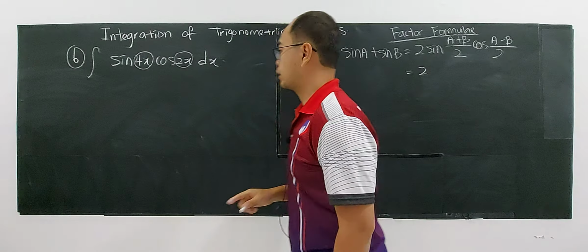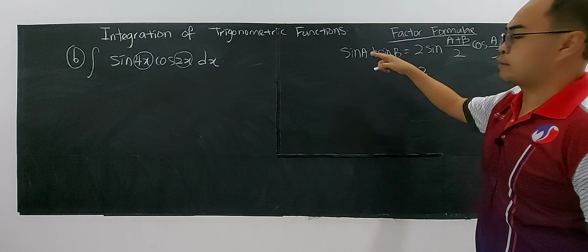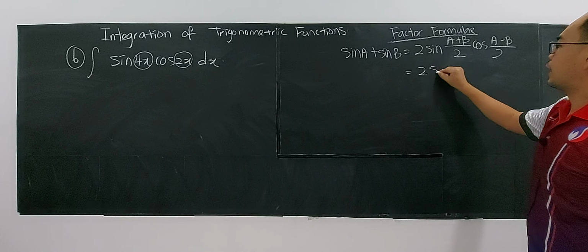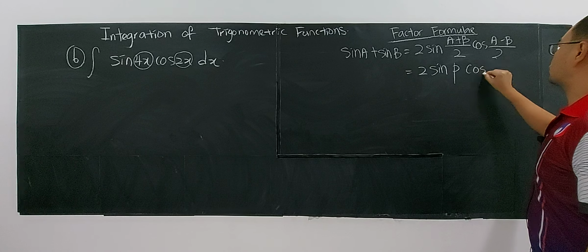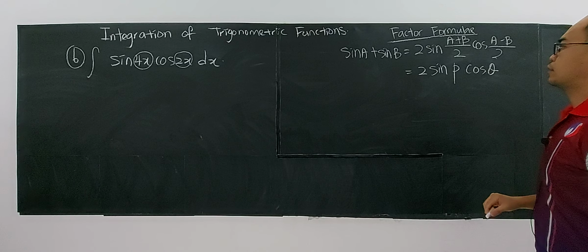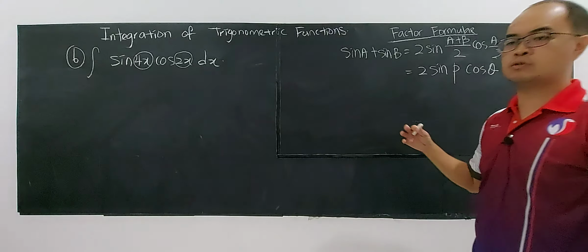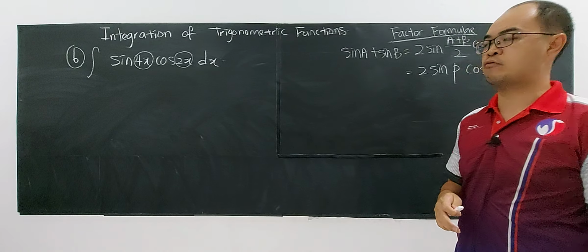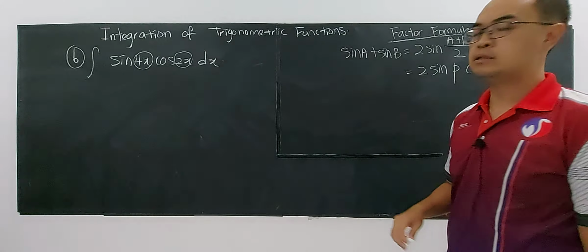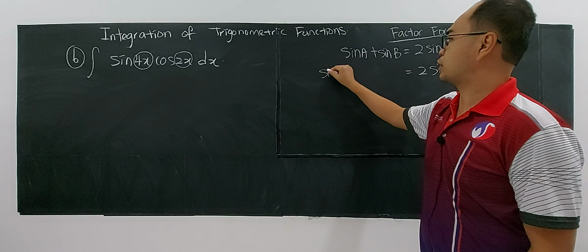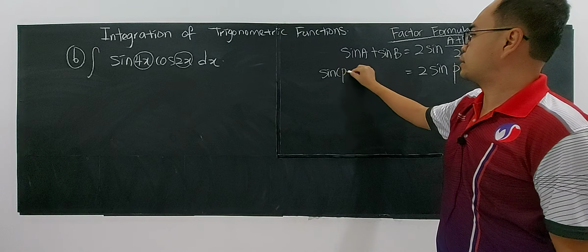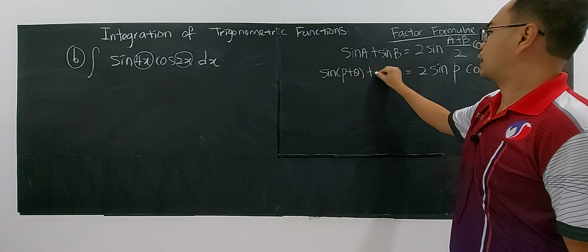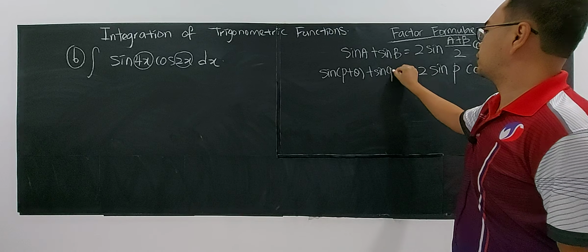You have to modify it, so I'm going to convert it to addition form. Let the sine be my P and the cos be my Q. If you learned this before, please refer to the video on the trigonometric factor formula on my channel, so you can see what I'm revising here. A is P plus Q and B will be P minus Q.